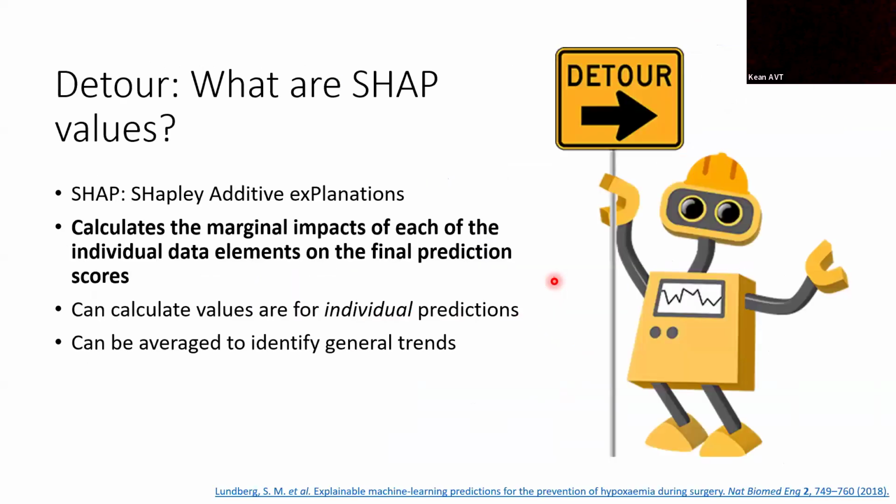SHAP stands for Shapley Additive Explanations. Basically, it calculates the marginal impact of each of the individual data elements on the final prediction scores. It takes the input data and starts tweaking all the values a little bit, and sees how that tweak changes the final prediction score.